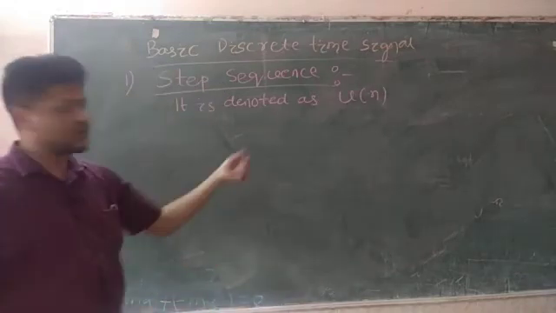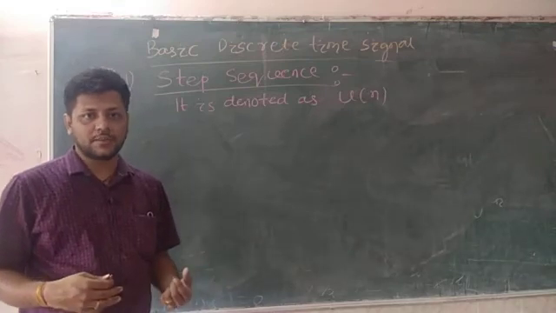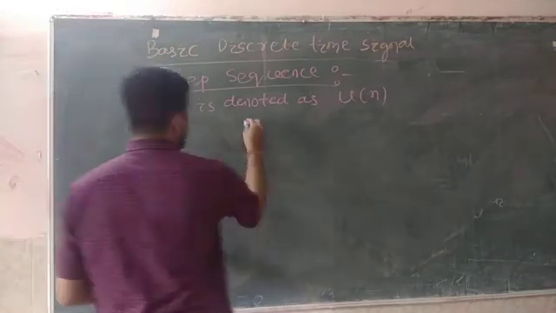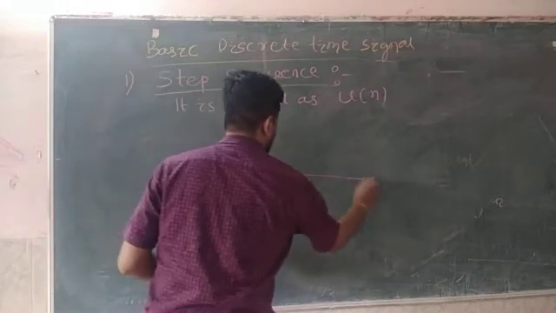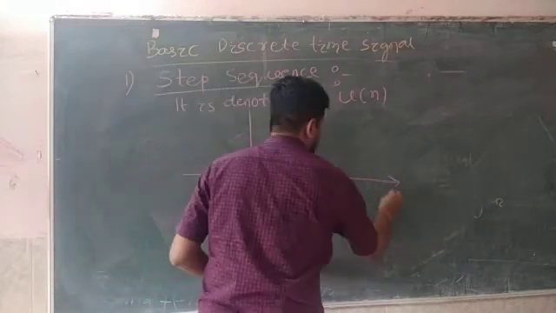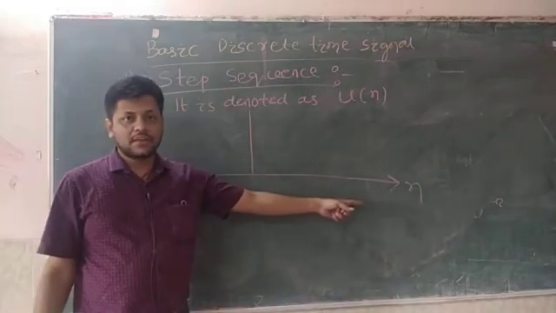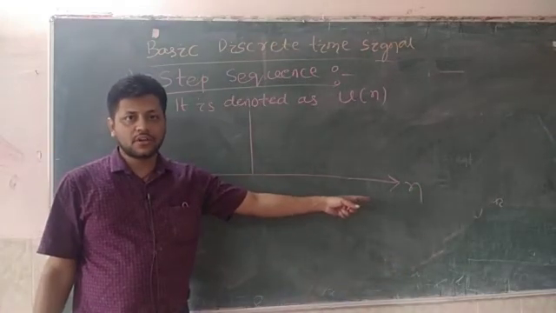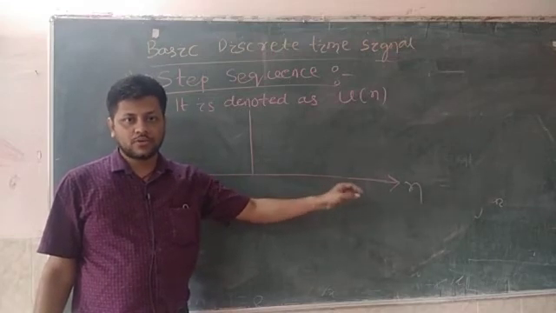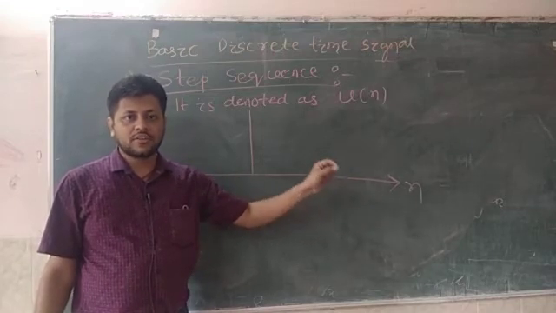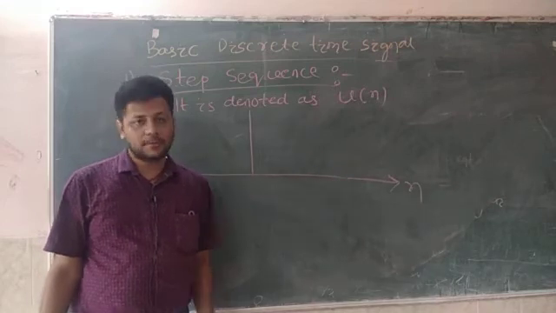I am going to explain this signal mathematically as well as how to represent it graphically. In a digital discrete time signal, the time is denoted as small n, and that small n only takes integer values, from minus infinity to plus infinity. No fractional value will small n take.